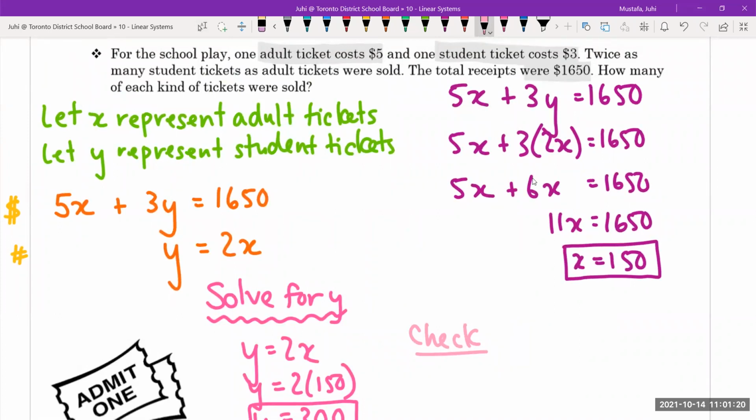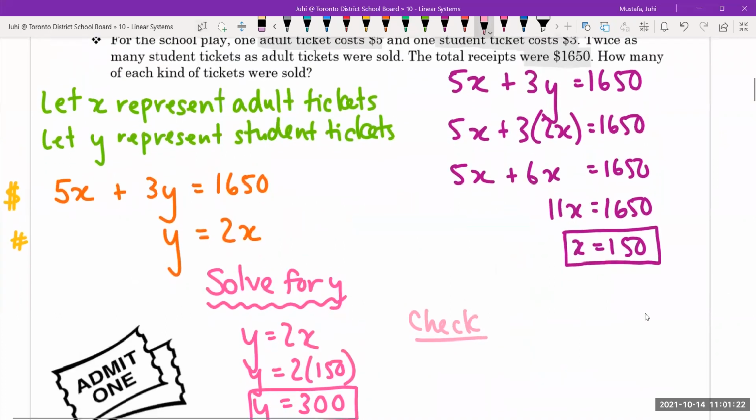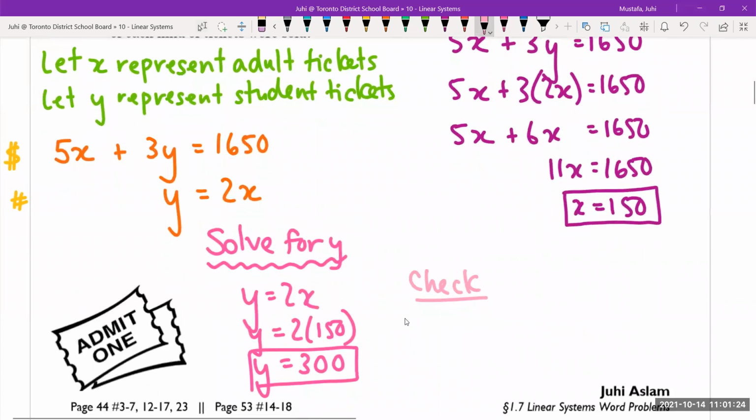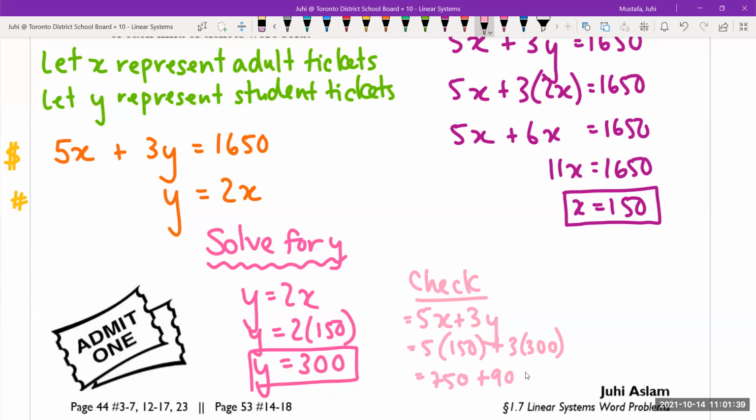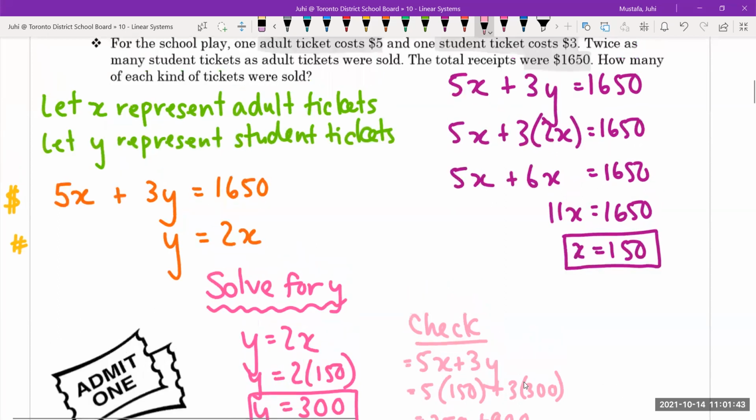So I'll just do a left side, right side, 5x plus 3y. So it's going to be 5 times 150 plus 3 times 300. This is going to be 750 plus 900, which is going to be 1650. And that's what our left side equals.